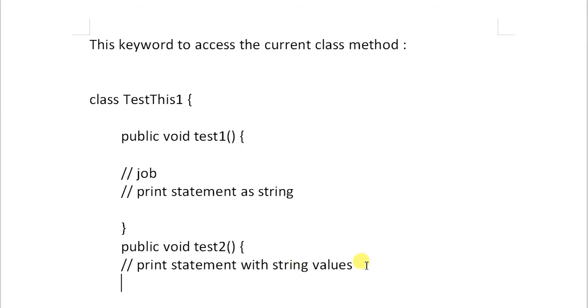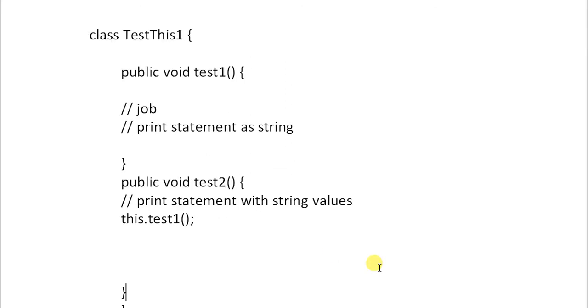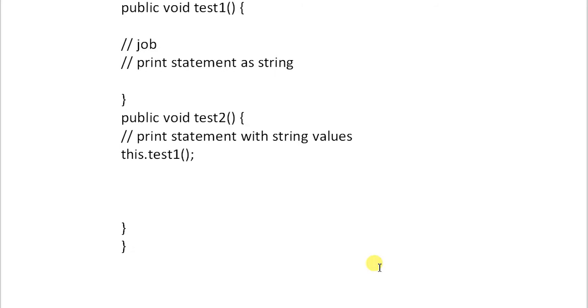So if I want to call test1 from test2, test1 is the method from the current class. So I can say this dot test1. This is the way I can call the method. Now let me close the class.